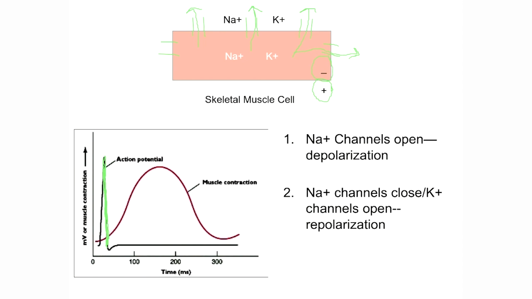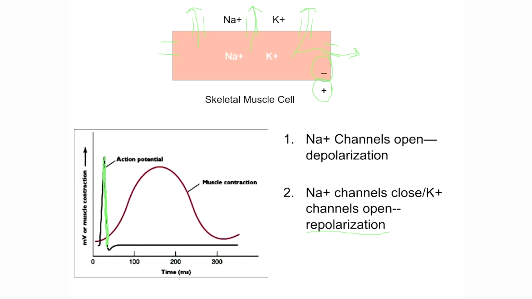And again, that's what's known as repolarization. So we're going back to the original state of the cell, again, where it was positive on the outside and negative on the inside. That depolarization plus repolarization is the electrical signal. It's the action potential that tells the muscle to contract.